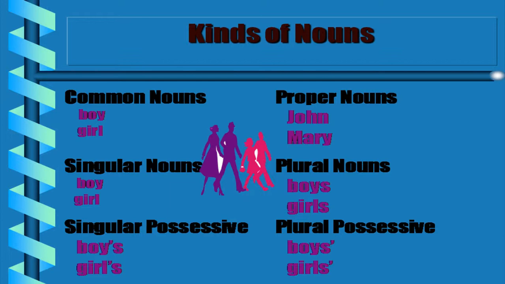Examples of singular possessive are boy's, girl's. Examples of proper nouns are John, Mary. Examples of plural nouns are boys, girls. And the examples of plural possessive are boys', girls'.